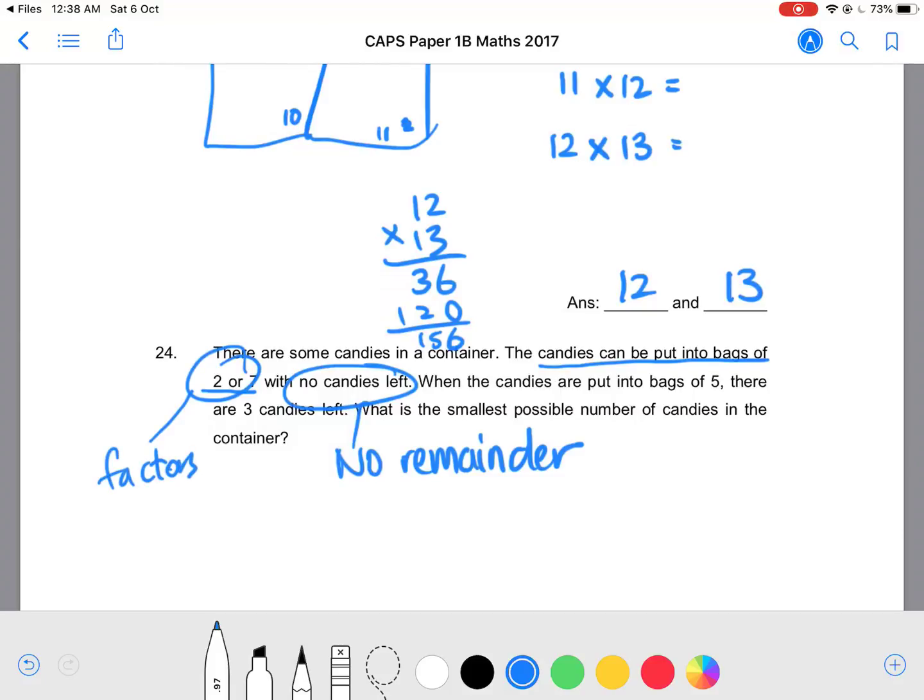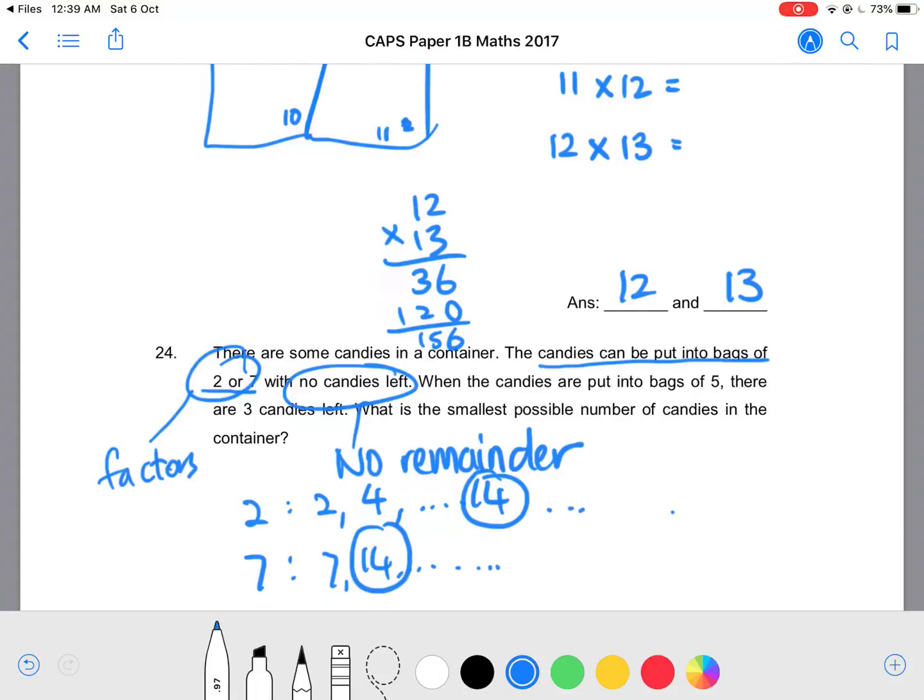You have a number, you divide by 2, you divide by 7, because you are putting them into groups of 2 and 7, there's no remainder. So what does that remind you of? Something like common multiple, right? Multiples of 2 and 7, and you will find that 14 is one of the common multiples, because 14 can be divided by 2 and can be divided by 7.